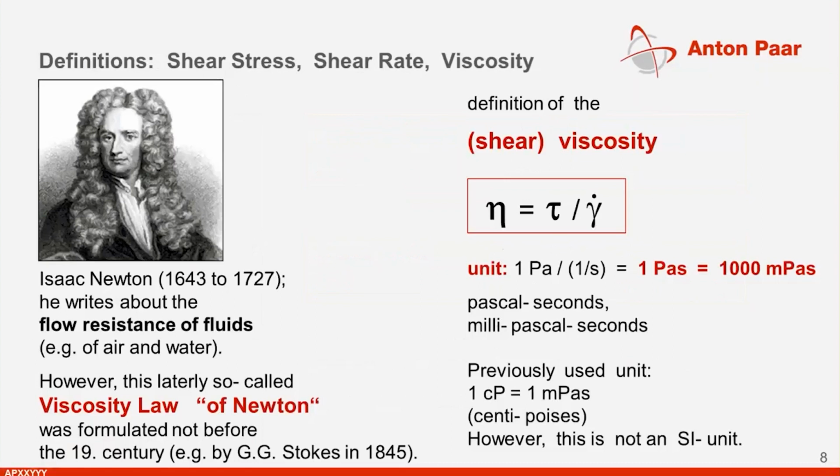So out of the values we already have, we can calculate out of tau and gamma dot the rotational viscosity eta. And the unit for eta is Pascal seconds. Previously, there was an old unit which was called centipoise. However, we do not use this unit any longer because it is not an SI unit.